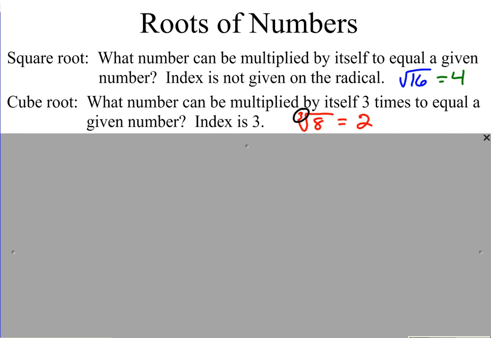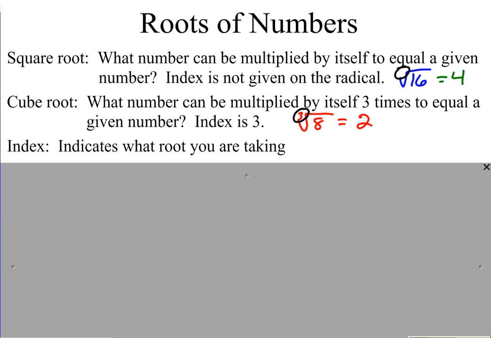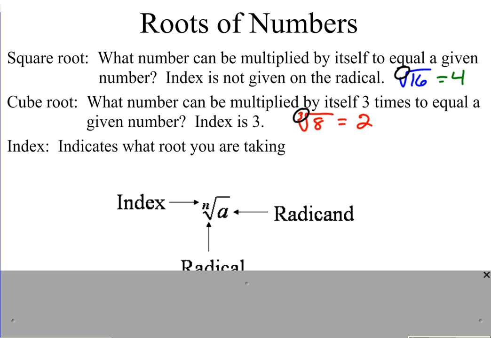Index on a cube root is given right there. If there is no index given, the index is understood to be 2, meaning that it is a square root. The index indicates what root you are taking. Okay, so indexes are important because otherwise you don't know what root you're taking. Most of the time we work with square roots, so there is not an index given, but it's understood to be an index of 2, indicating that it's a square root.